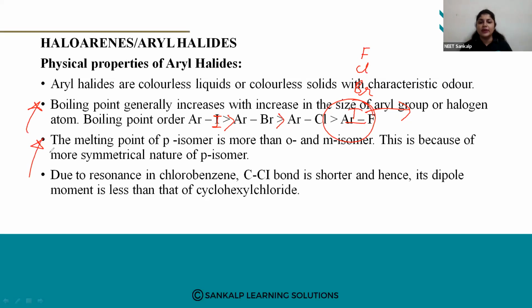Then when we are talking about melting point, the melting point of the para isomer is more than the ortho and meta isomers because of the symmetrical nature of the para isomer.